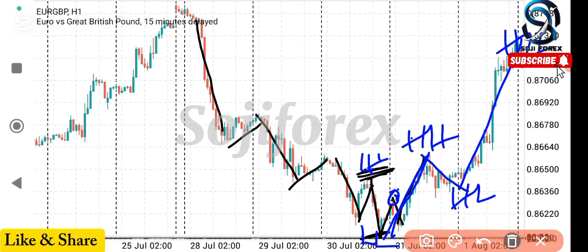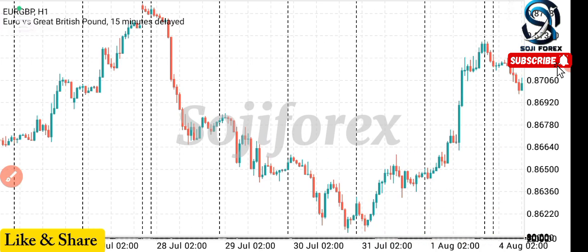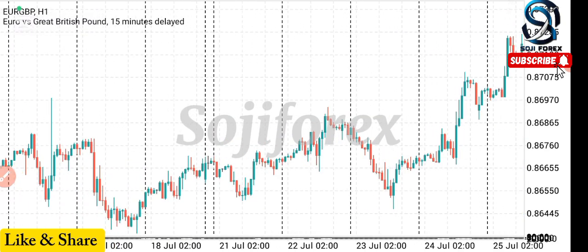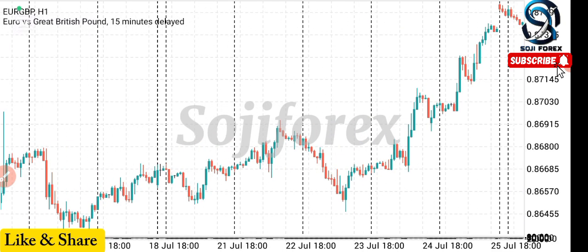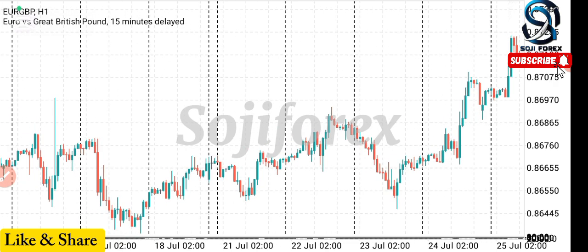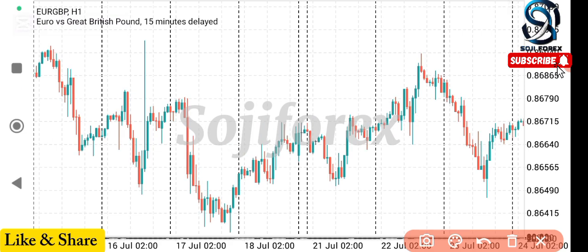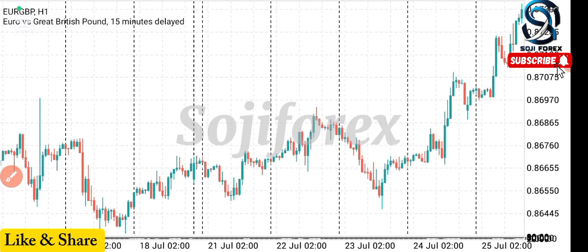So this is exactly how you can identify this, trying to see if we can get a very, very complicated scenario and then see exactly how we can trade it. Perfect. Now let's look at this. Look at what happened here.